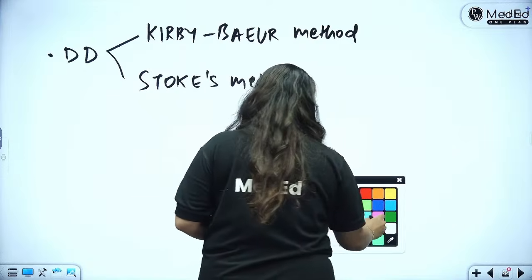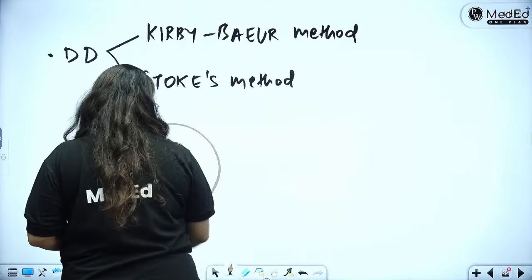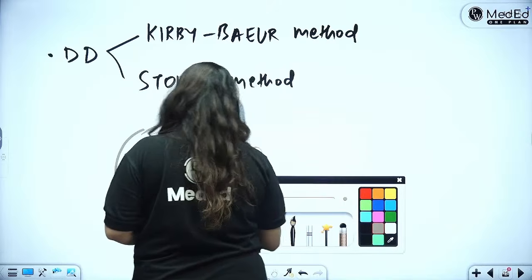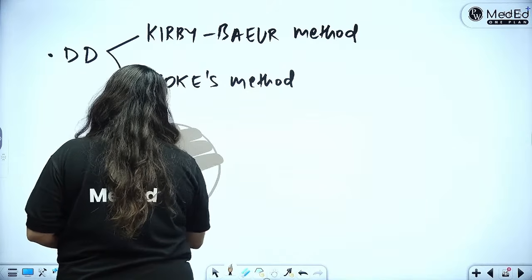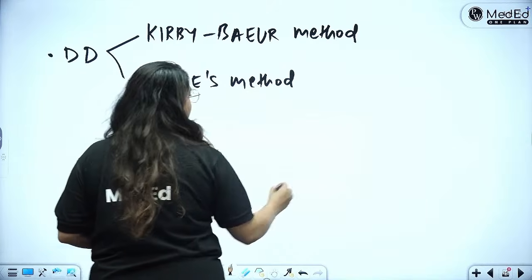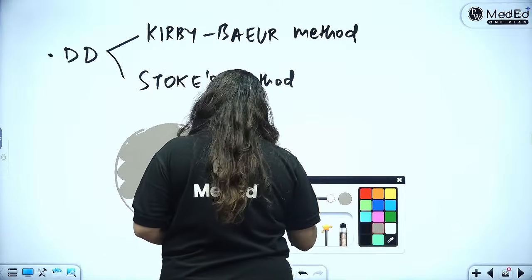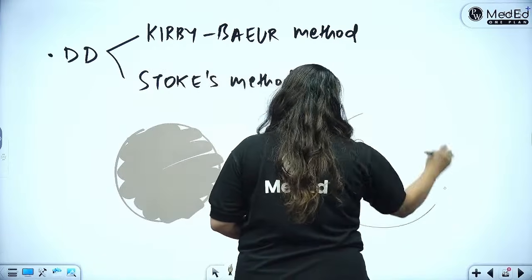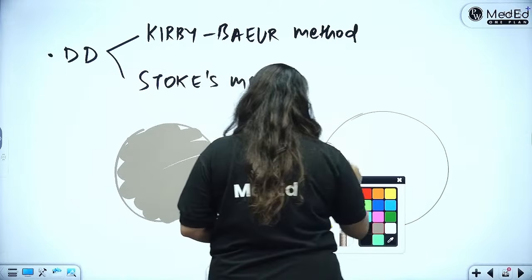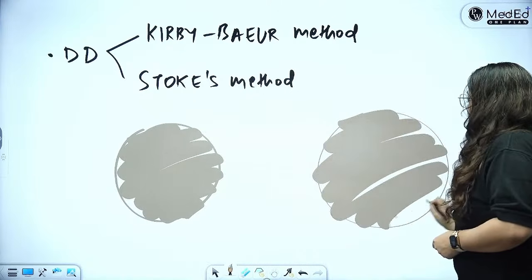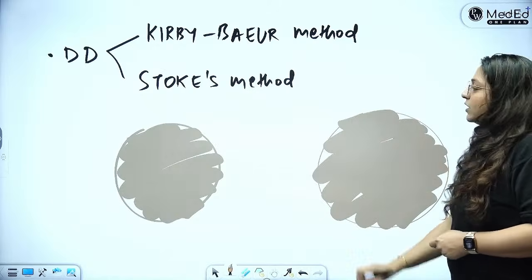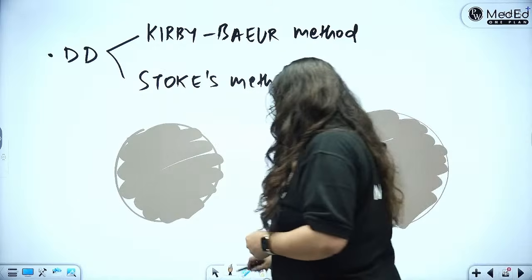Let's just draw the two. This here is the Kirby-Bauer method. Over here you have the lawn culture, and over here also you have the lawn culture. So both of these are cation adjusted Mueller-Hinton agar, and you have the lawn culture of bacteria in both of them.